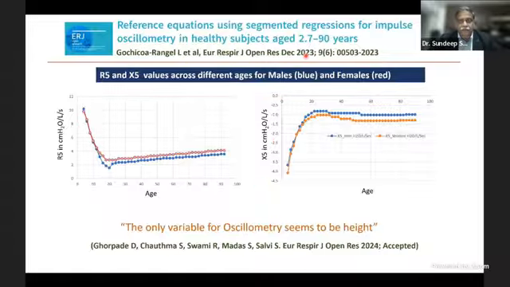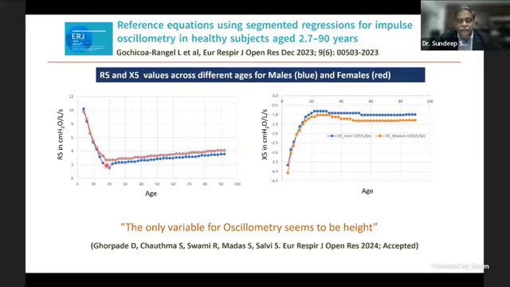This is a very important paper that was published in December 2023 that derived the so-called predicted equation for resistance and reactance. The resistance and the reactance lines are here. The red line are females and the blue line are males.